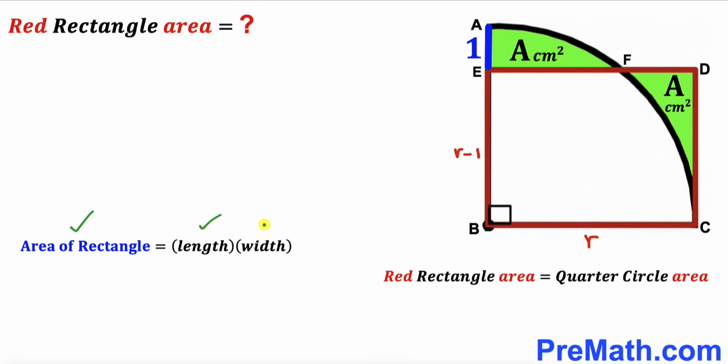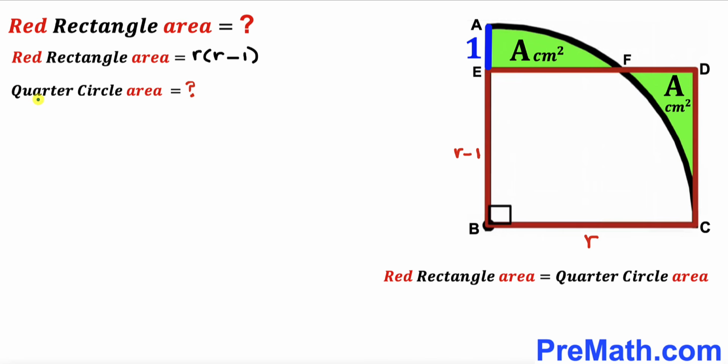Area equals length times the width of the rectangle. In our case, the length of this red rectangle is lowercase r, whereas the width is r minus 1. So therefore the red rectangle area is going to be, in terms of lowercase r, r times r minus 1.